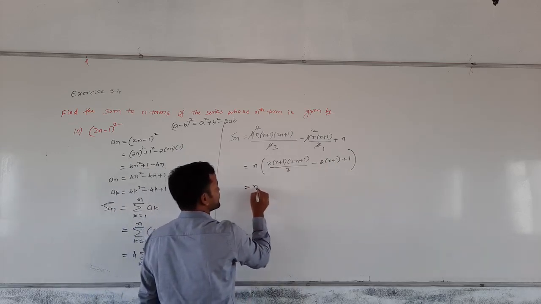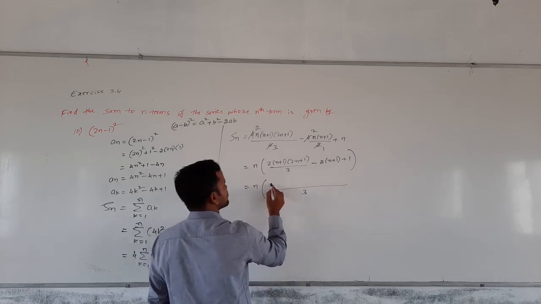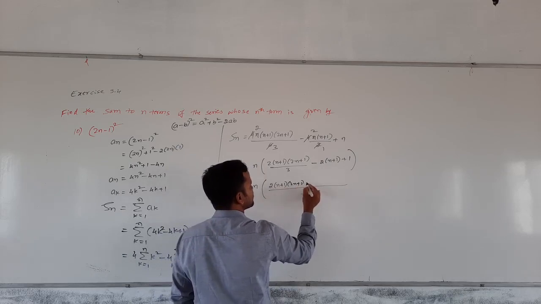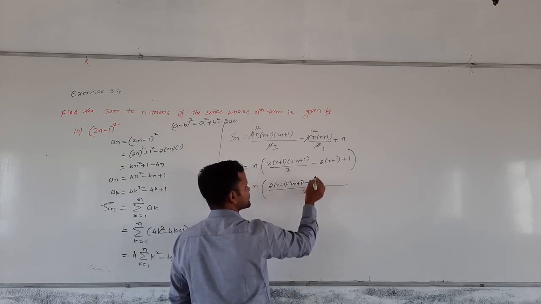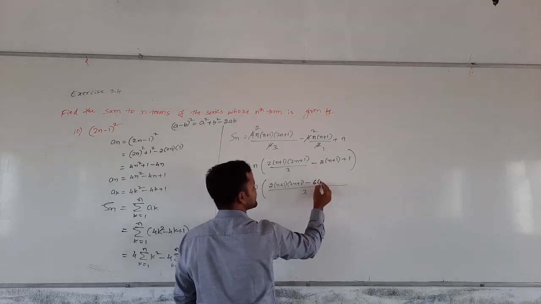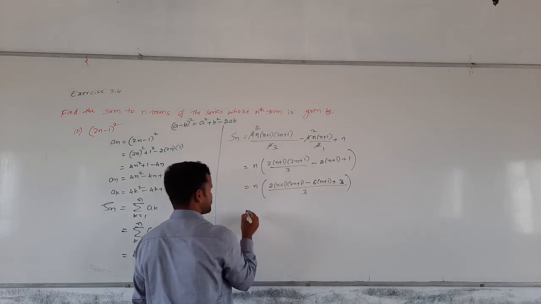N into, take the LCM, which is 3 here: 2 into (n plus 1) into (2n plus 1) minus 6 into (n plus 1), plus 3 for the third term.